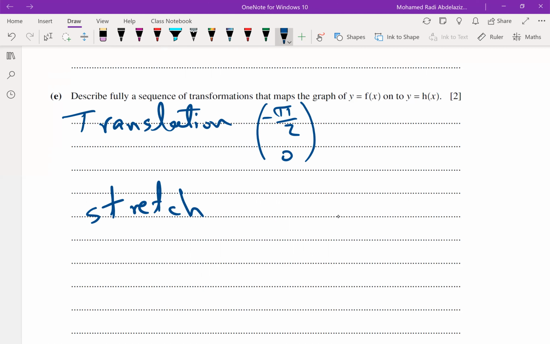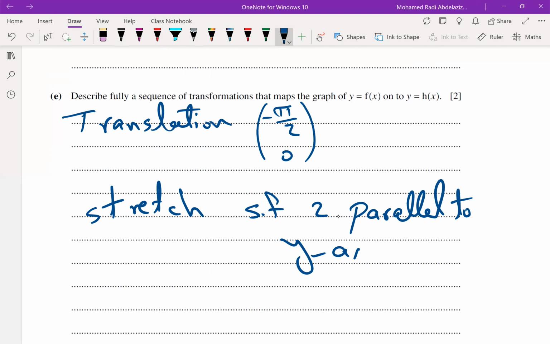This stretch has scale factor 2 and is parallel to the y-axis. We can write in direction of y-axis or we can write vertically. That's it.